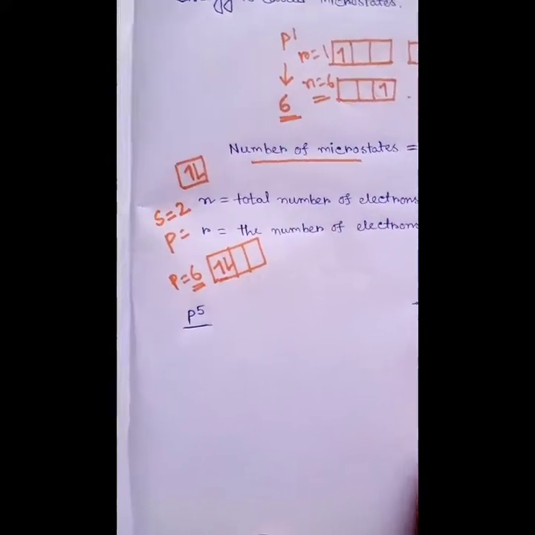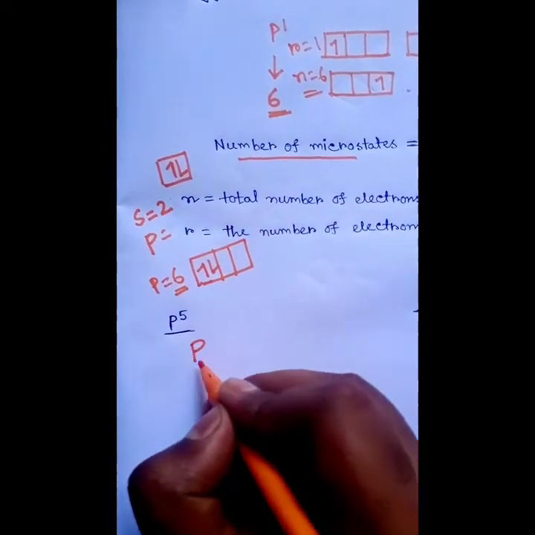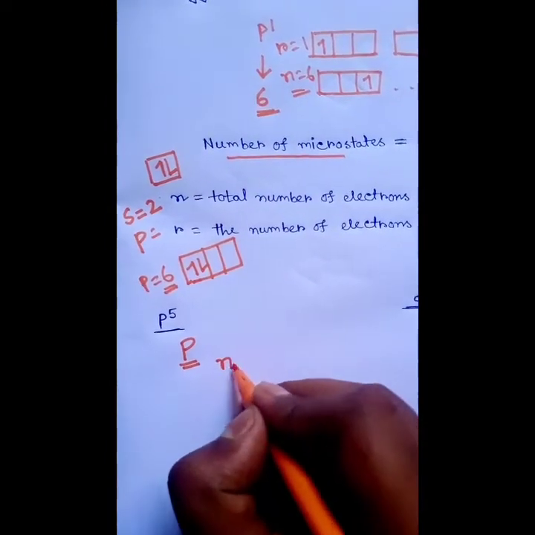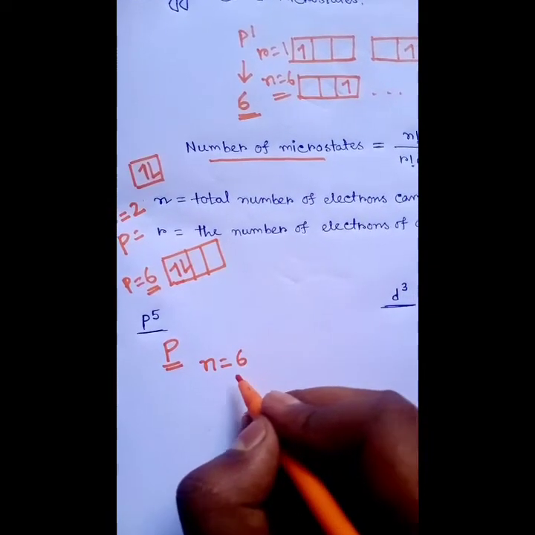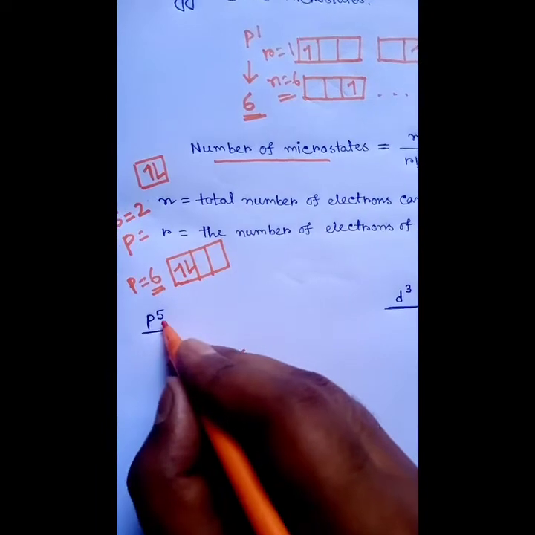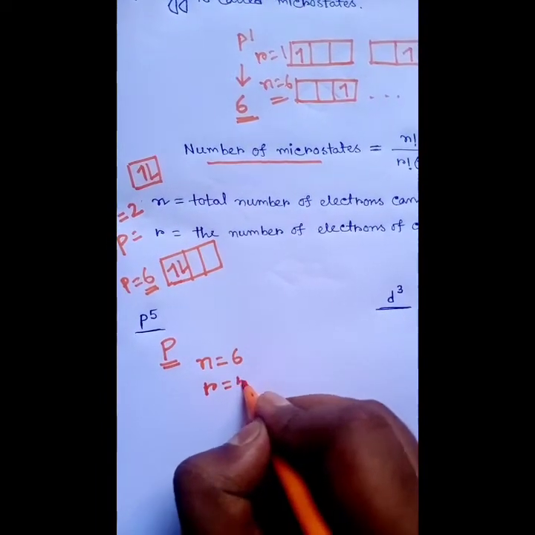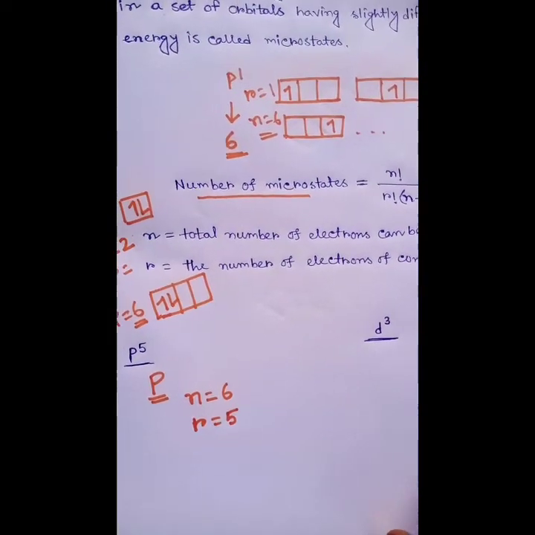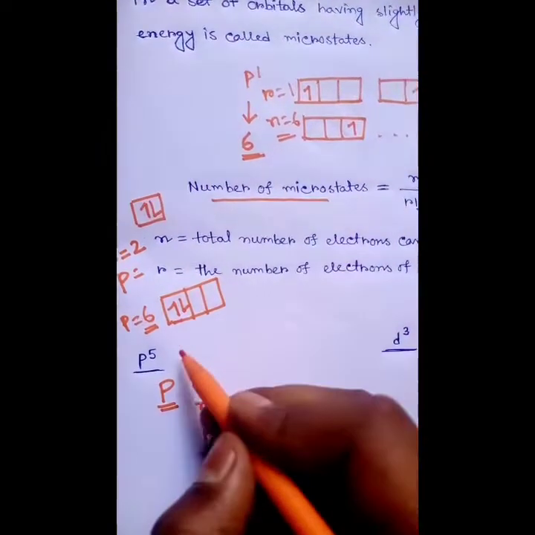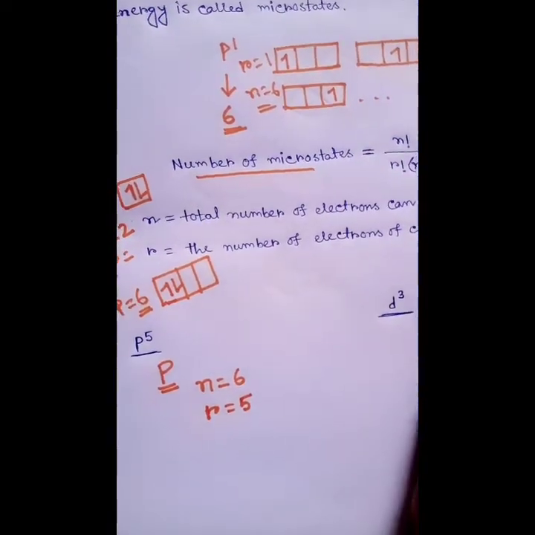Now if I take this example, for p5, we know for the p orbital n will be 6, as a total of 6 electrons can be occupied in the p orbital, but our consideration of electrons is r equal to 5. So we have to write 5 electrons in p orbitals. So how many microstates can we get?